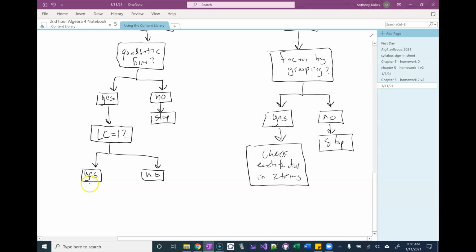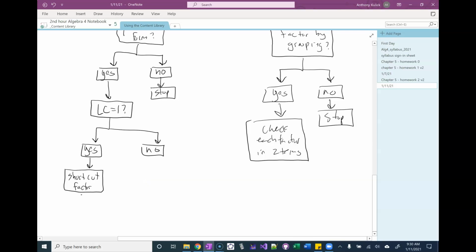If its leading coefficient is 1, we can try to use our shortcut factoring, and that might be possible or it might not.